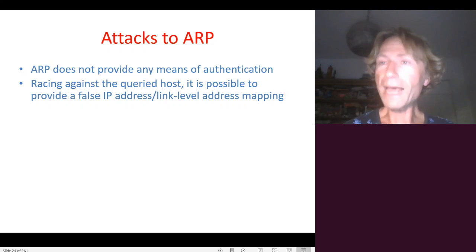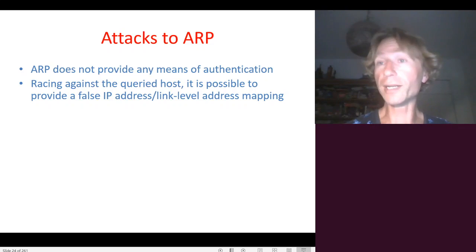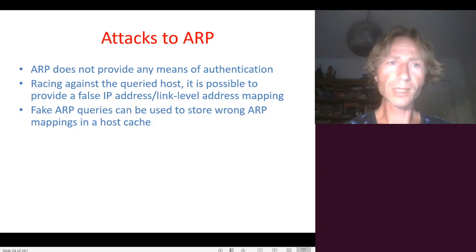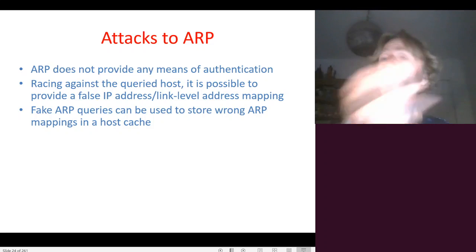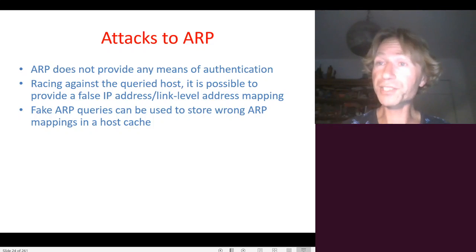And if you're faster than the legitimate owner of that IP address, it basically means that all the traffic from the sender to that IP address will actually end up on your computer rather than the legitimate one. Okay, because these fake ARP replies will poison the ARP cache at the sender side.